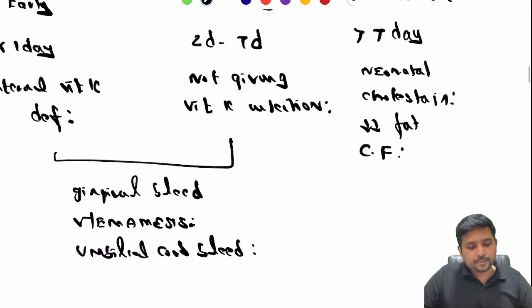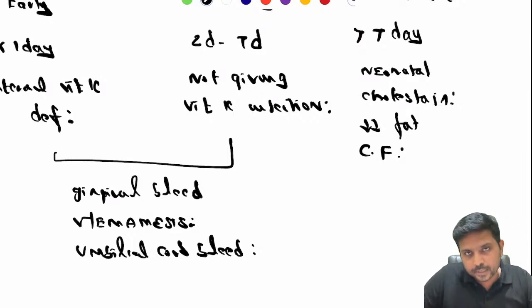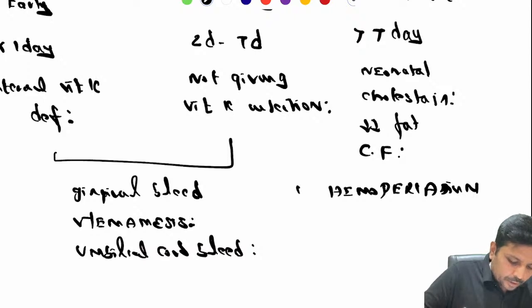Whereas late onset bleeding, which occurs as a result of malabsorption due to pancreatic insufficiency, one cause being cystic fibrosis, here the child can get bleeding at unusual sites, like hemopericardium.